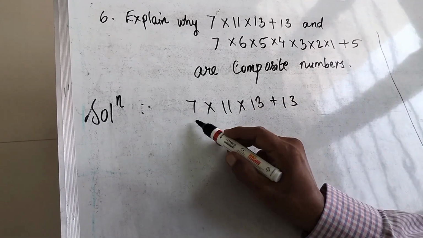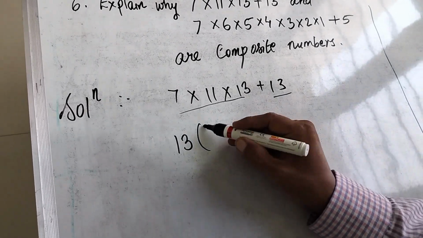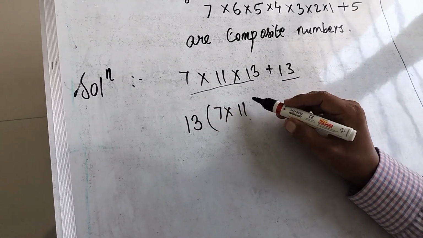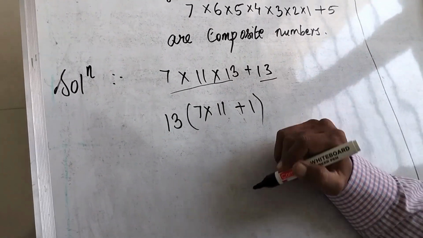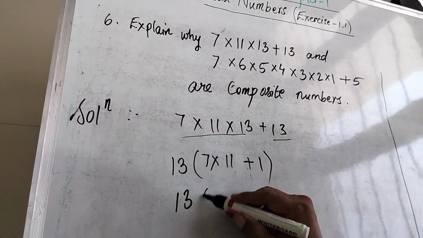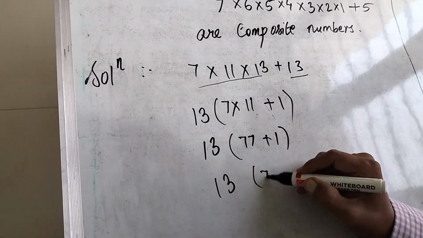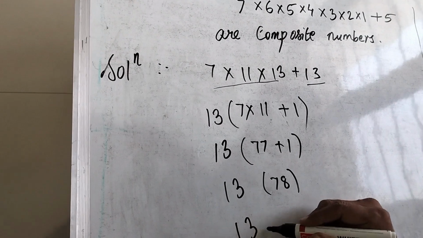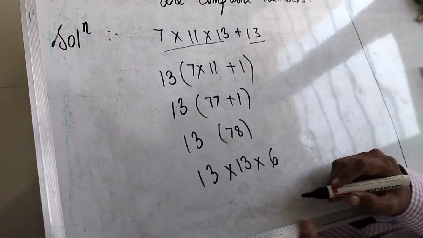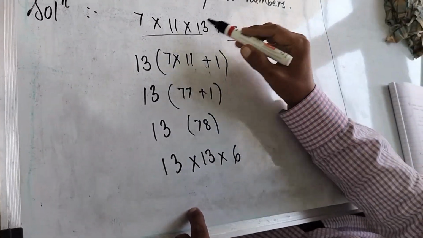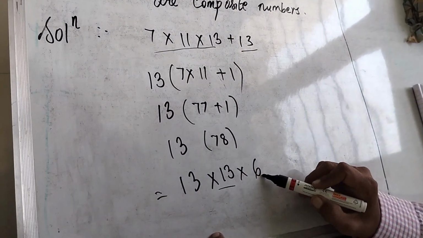Okay, now this is one part and this is other part. We will take 13 as common. 7 into 11 into 1, that means plus 1. Now here 13, 77 plus 1, 13, this is 78, which is 13 into 6, means this number, given number, is divisible by 13 as well as 6.